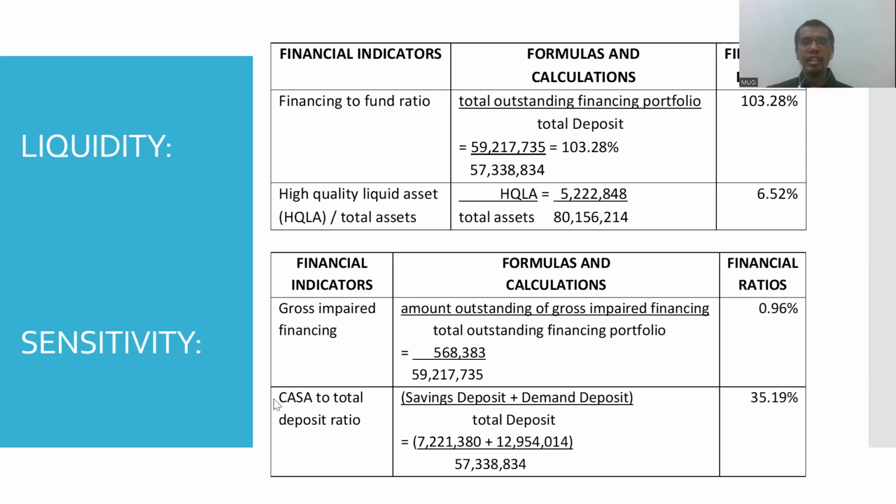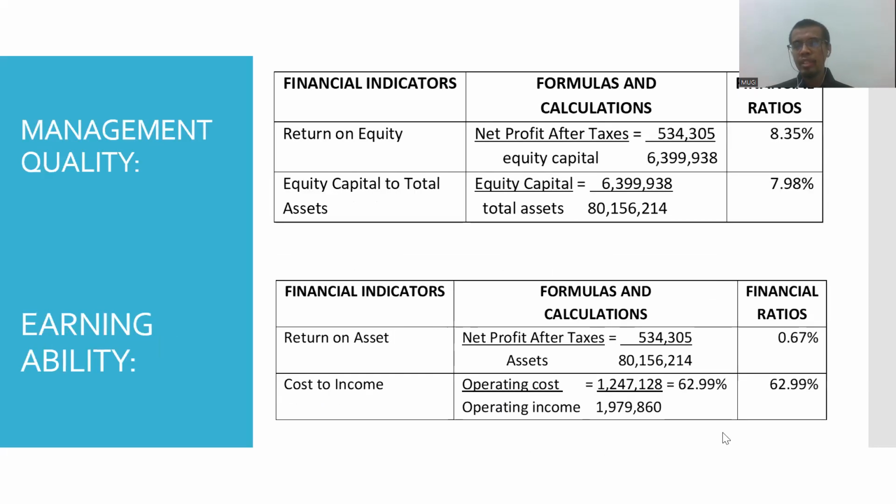That's why the cost to income is quite high, and the return on asset is quite low, less than 1%. So I think for the earning ability ratios, Bank Islam Malaysia Berhad is not doing well. Their performance is quite poor.